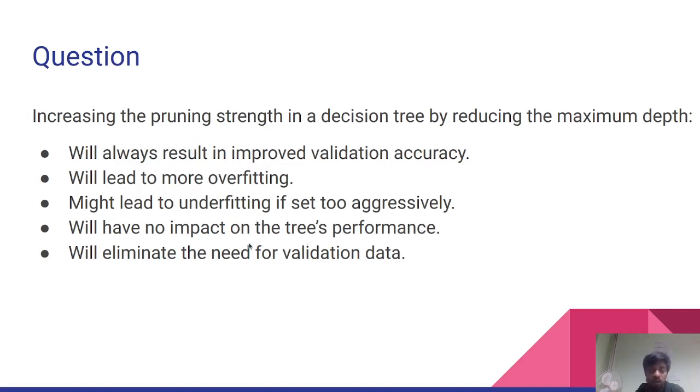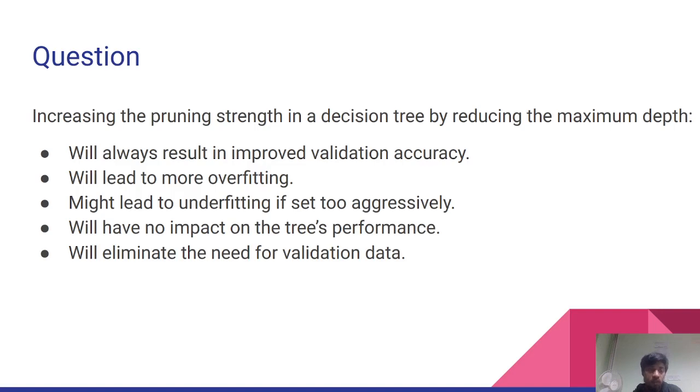That is option 4. And option 5 is that it will eliminate the need for validation data. So if we use pruning, then we don't even need to perform validation. These are the 5 options. Only one of them is correct. So which one is it?